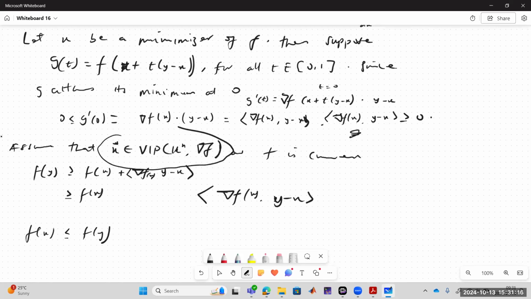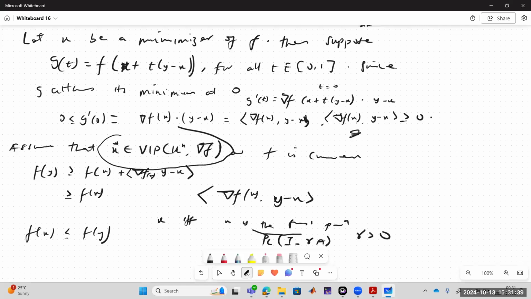Then another one: x is a solution to the VIP if and only if x is the fixed point of the mapping P_C(I − λA), where λ is greater than 0.